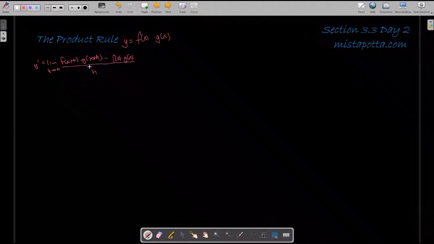My function evaluated at x plus h minus my function evaluated at x, all divided by h.